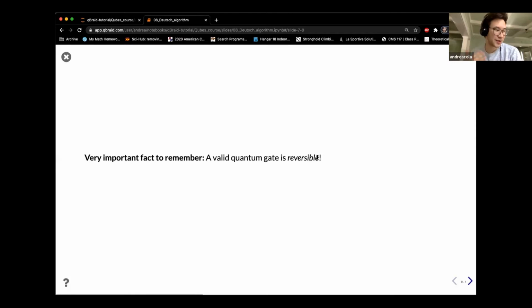It should be possible to undo the gate, to apply a gate that maps back to whatever original state you had. And clearly, if your function maps all of the inputs to 0, it's not possible to reverse this.